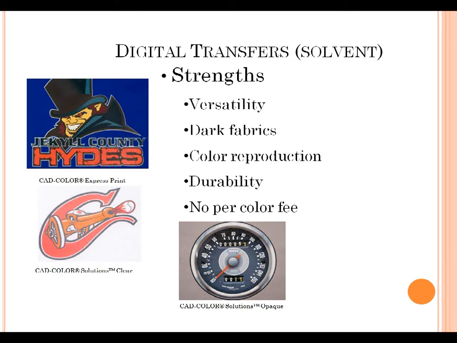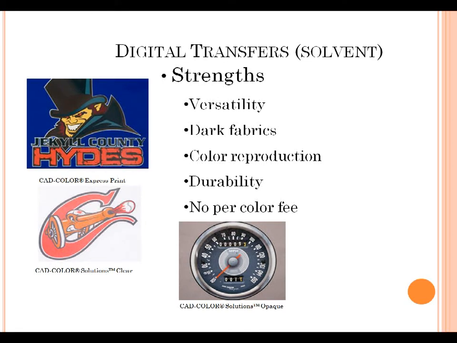They will apply on dark fabrics. They have great color reproduction. They're durable. And you wouldn't have to pay a per color fee. So for a smaller run, they're a perfect option for, let's say, 12, 15, even 30 shirts as opposed to screen printing them, whatever job it is that you have.